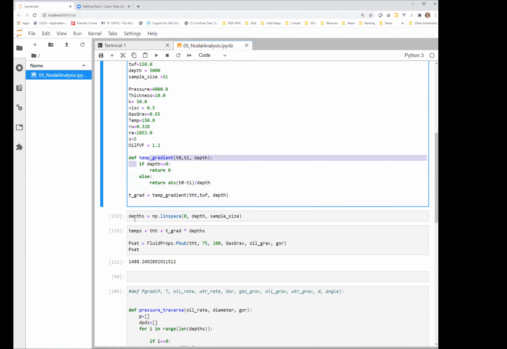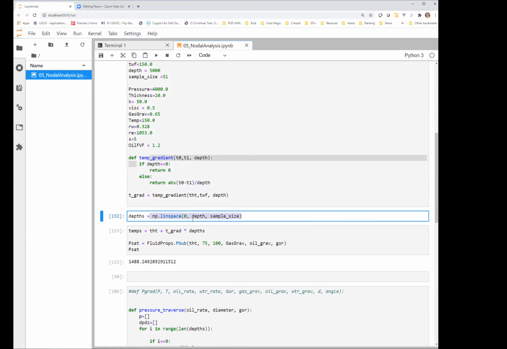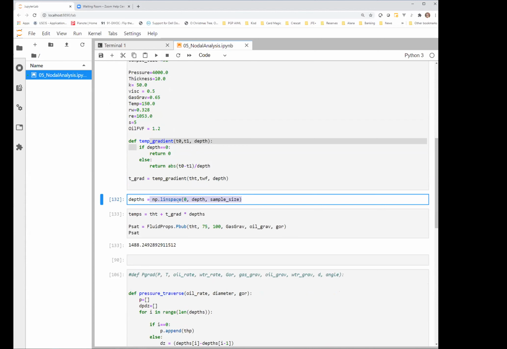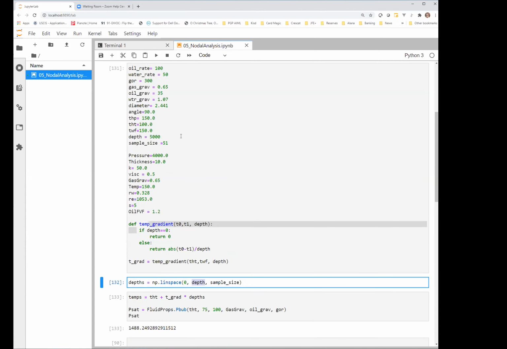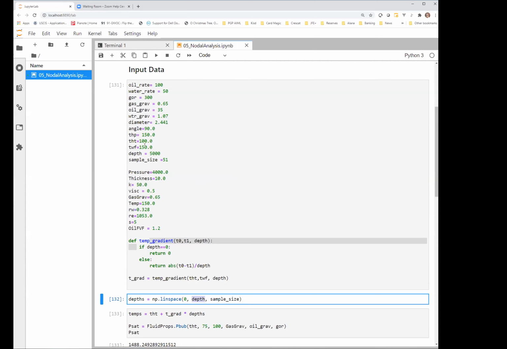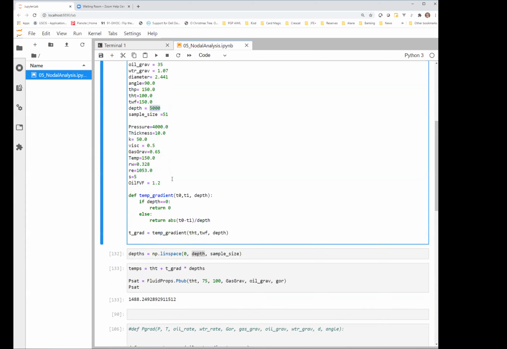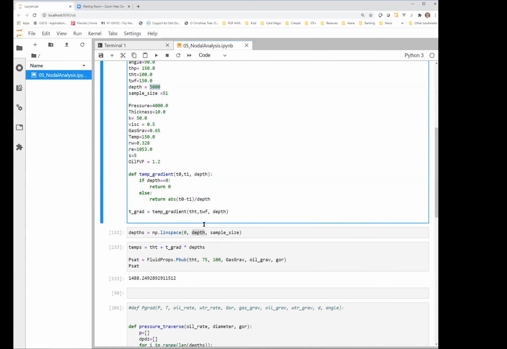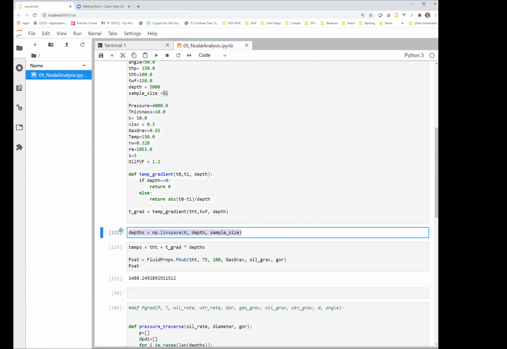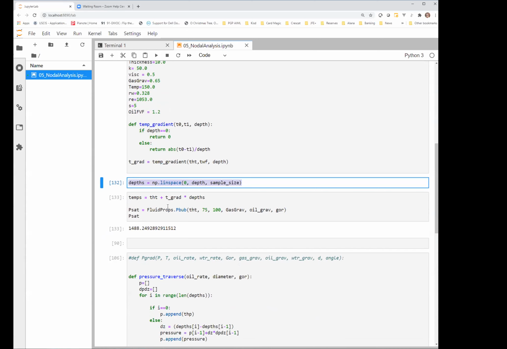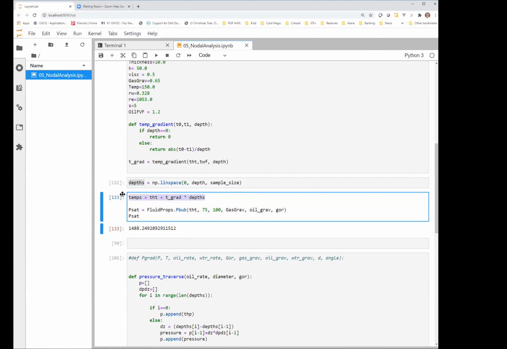After the temperature gradient, we have a vector of depth. In this case, we're going from surface to the depth, which is defined right here as 5,000 feet. Everything here is in oil field units, and the sample size is 51. So we are dealing with 51 values of depth. For each one of the depths, we're going to be calculating the temperature.